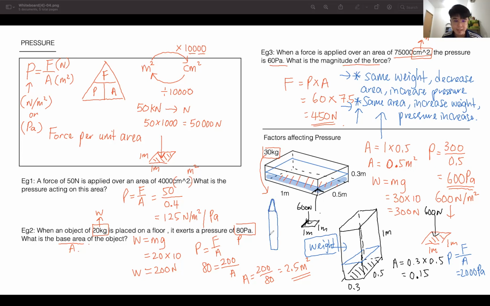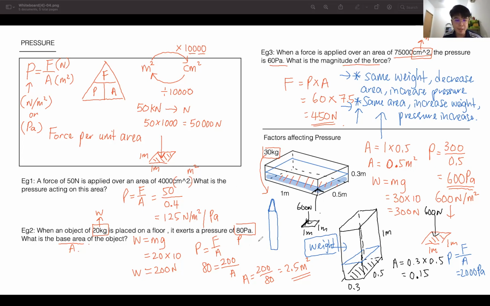It looks like a cylinder, right? Or any missile, rocket, or space shuttle. They have a small base area and they are very heavy. So because of the small base area and their mass, they have high pressure. They will exert very high pressure on the ground.